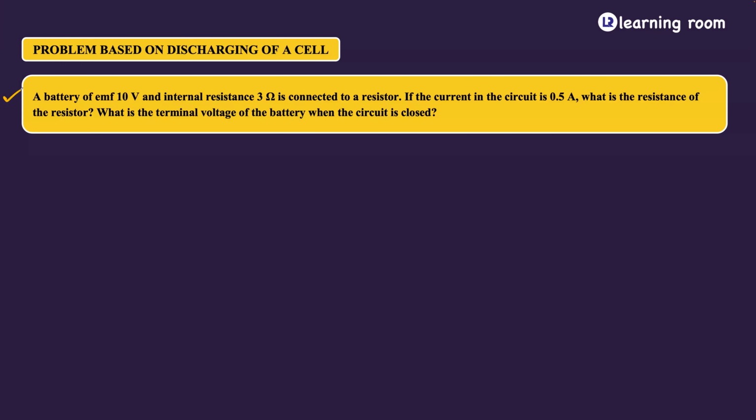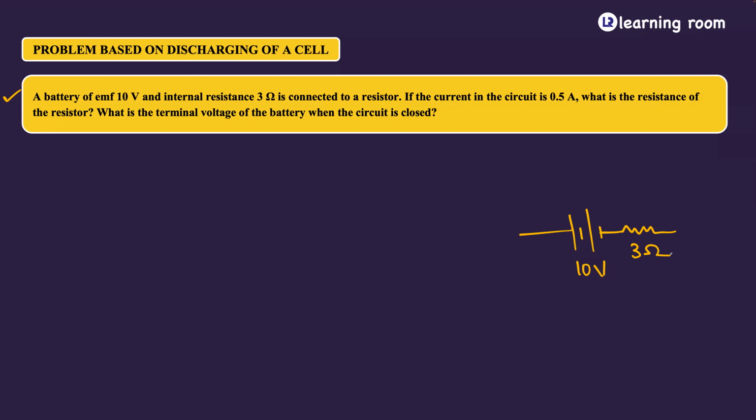So there is a battery of EMF 10 volt and internal resistance 3 ohm, which is connected to a resistor. Okay, so first let's try to analyze this circuit. There is a battery of 10 volt EMF, and its internal resistance is 3 ohm. Then how are they connected?